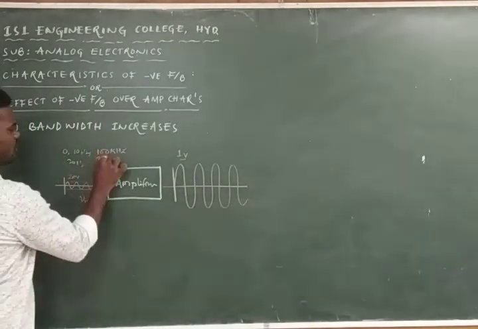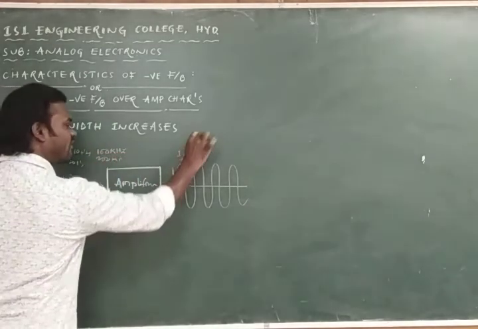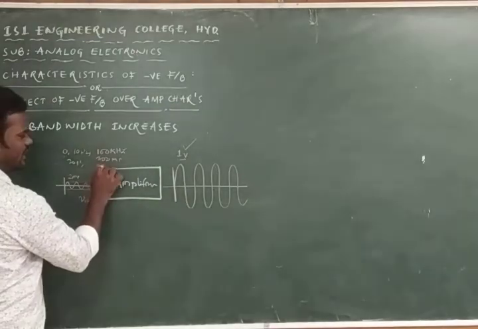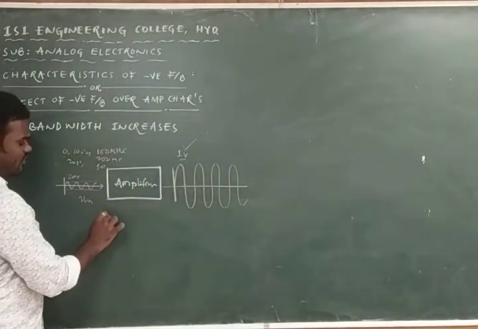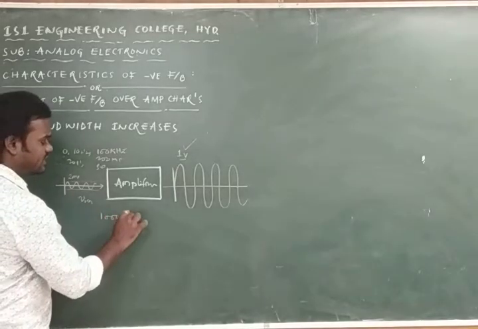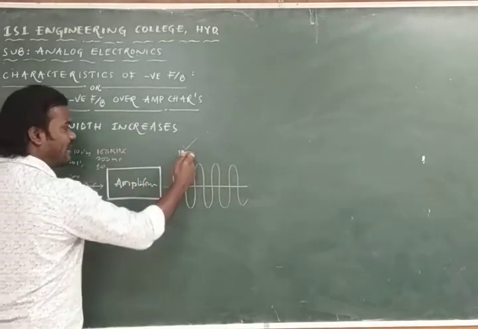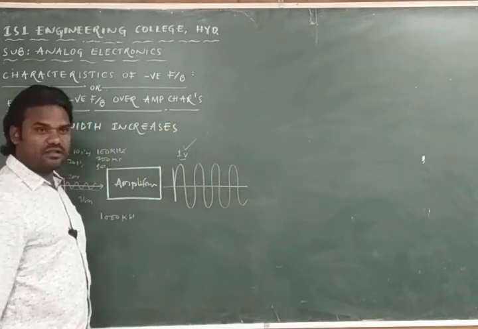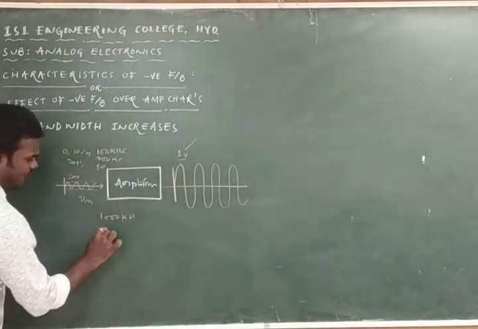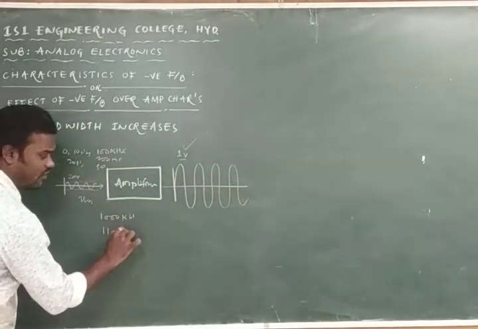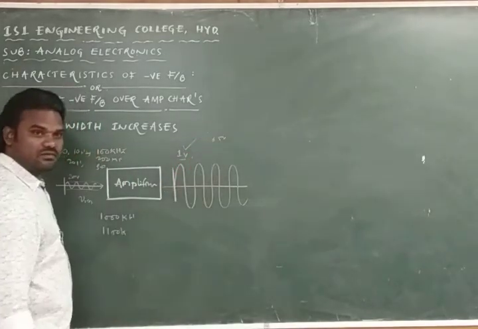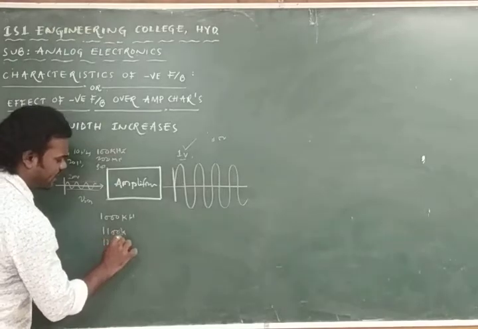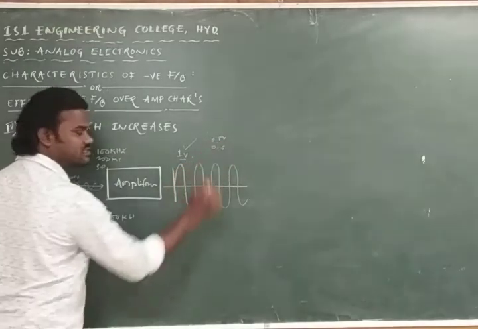Then I am going with 200 kilohertz, again it is providing 1 volt only. 300, 1 only. 400, 1 only. Up to 1000 kilohertz it is providing the maximum and constant gain, and that is 1 volt only. And after that, going beyond 1000 kilohertz, it is getting down, that is 0.8 volts now. Next I am going with 1200 kilohertz, it is coming 0.6.